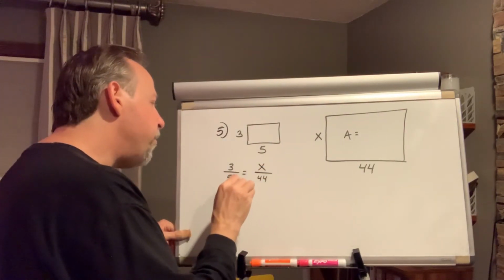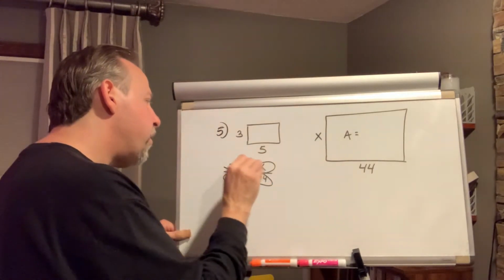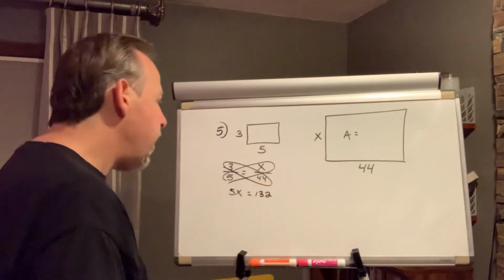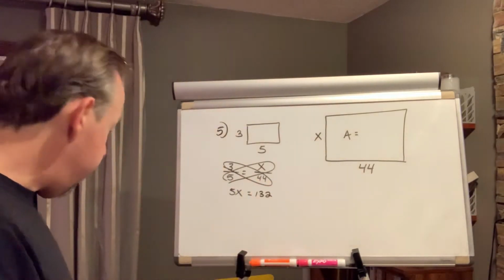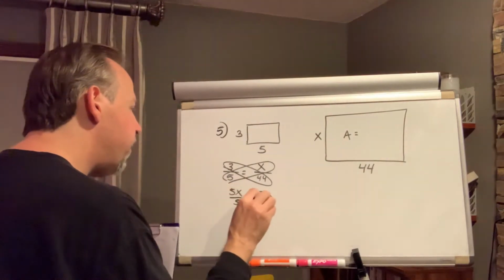So you cross multiply: 5x equals 3 times 44, which is 132. What we're going to have is a decimal answer, but that's okay. Divide by 5.